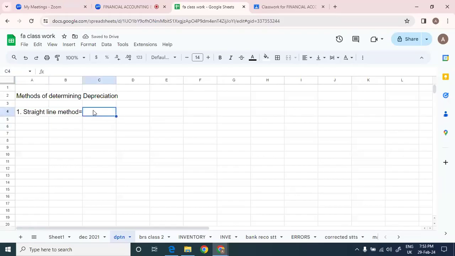Here, the main thing is to look at cost, whereby I've already given the definition, minus the scrap value or the residue value, whereby I've also given the definition, divided by the useful life of an asset. So this is the straight line method. Example.